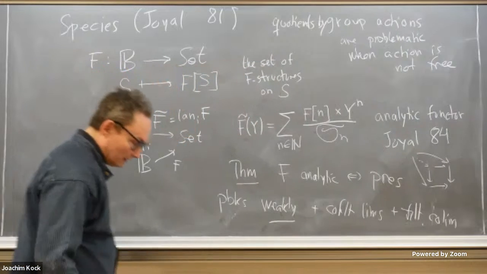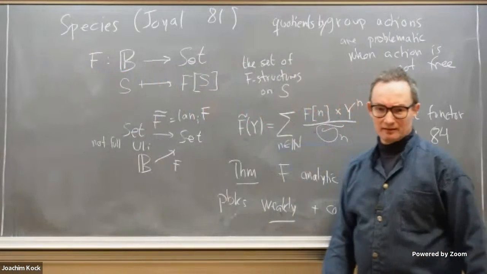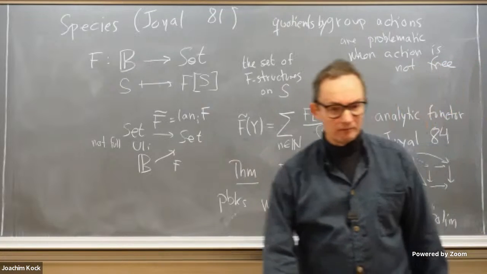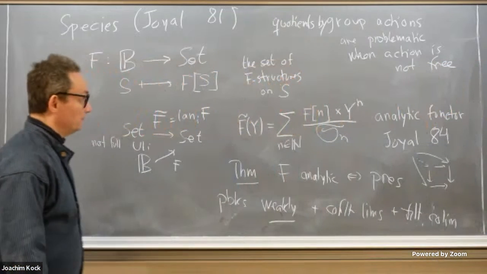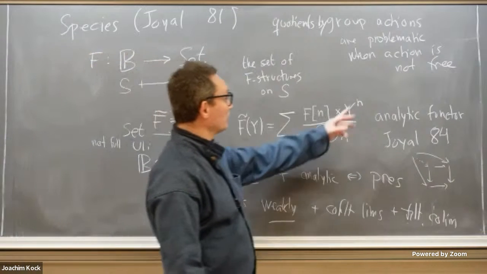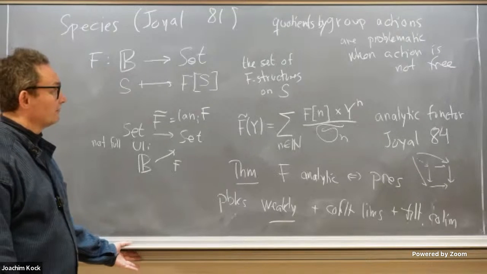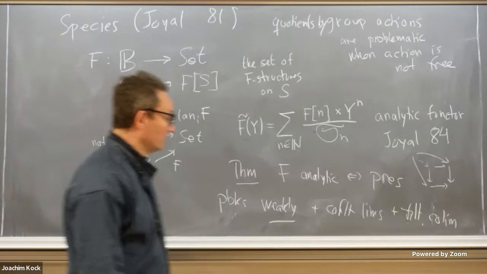So this is a slogan that it has taken mathematics quite some time to really learn to deal with. I mean, maybe it has been known for a very long time that this is the case, but the fix is rather recent.